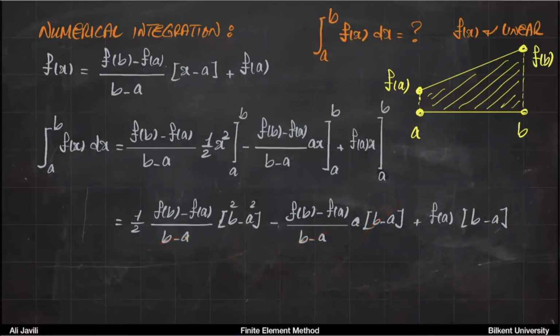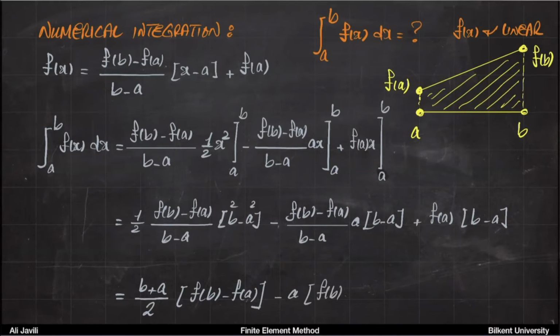So the next step would look like 1/2 of b plus a, so you would have b plus a divided by 2, times fb minus fa, that's the leftover from the first term. The second term would look like a times fb minus fa, plus fa times b minus a.